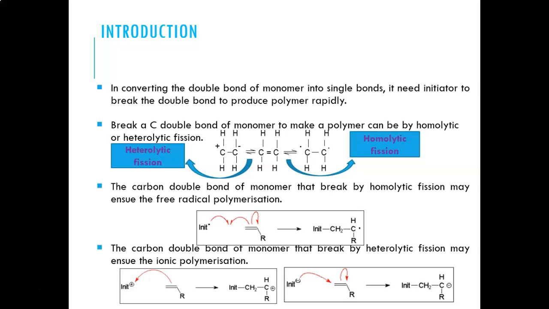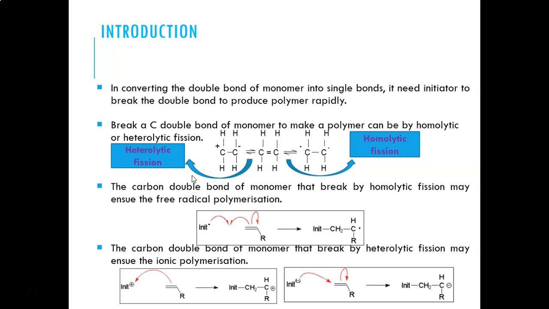The word hetero is from the Greek word meaning different, and it is the process of cleaving a covalent bond where one previously bonded species takes both original bonding electrons from the other species.